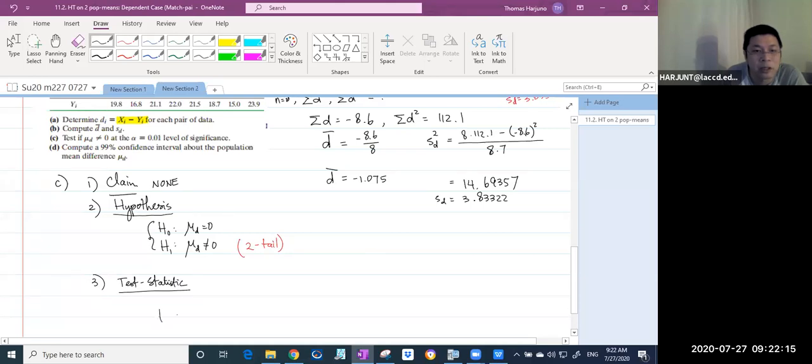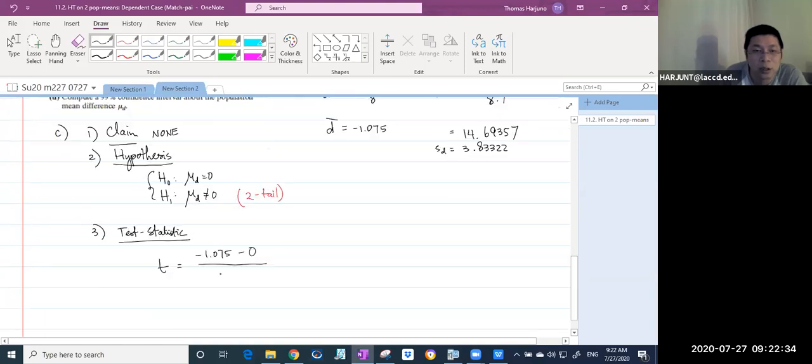That will be t equals to d bar, negative 1.075 minus 0 over 3.8332 over square root of 8.